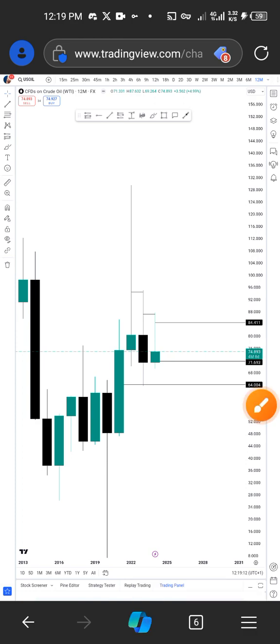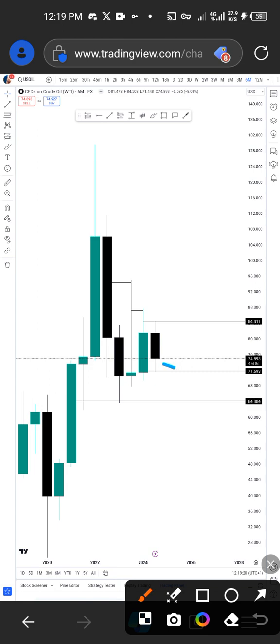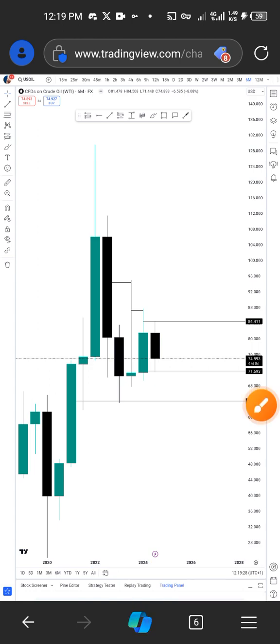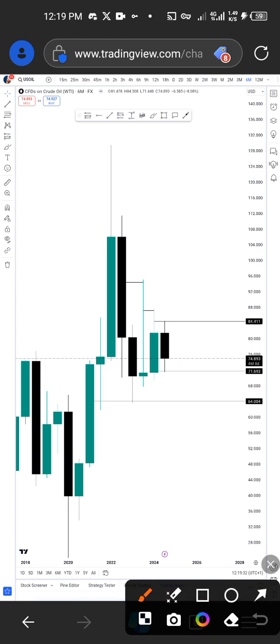And to understand this thing, if you go to the 6 month time frame, that is when we see this area that I marked. You can see price has reached an area of structure. Let me show you how this area of structure is. Let me draw it.